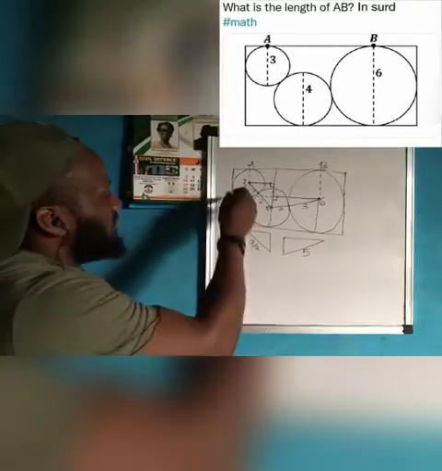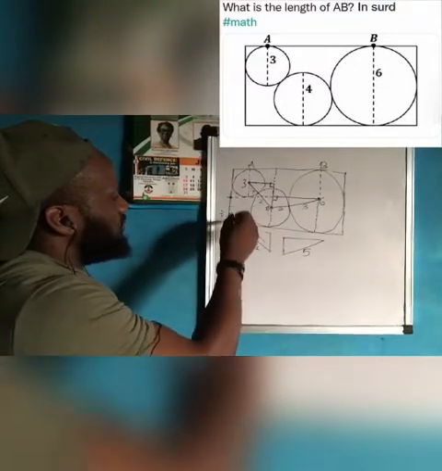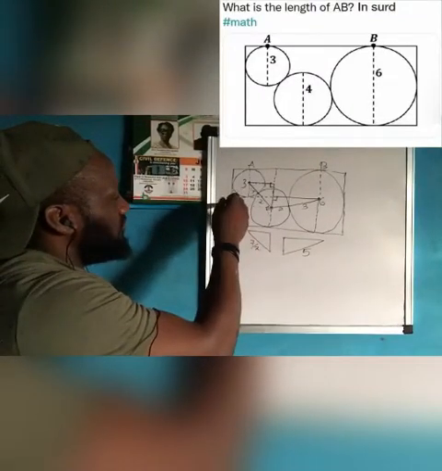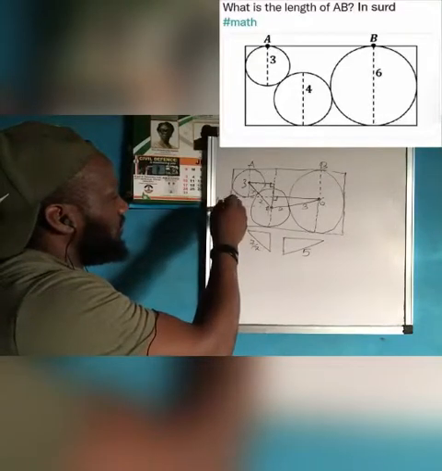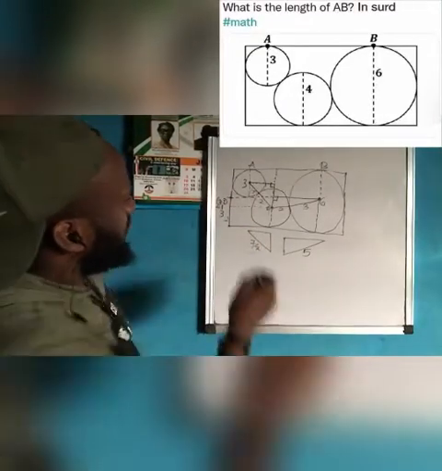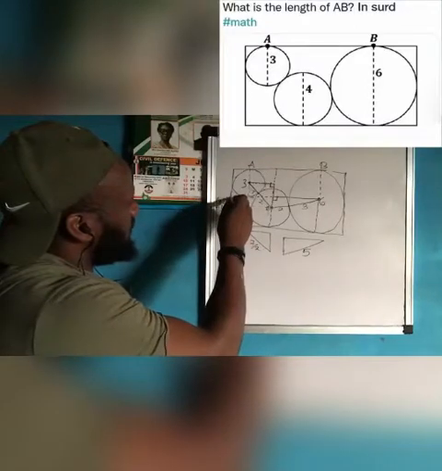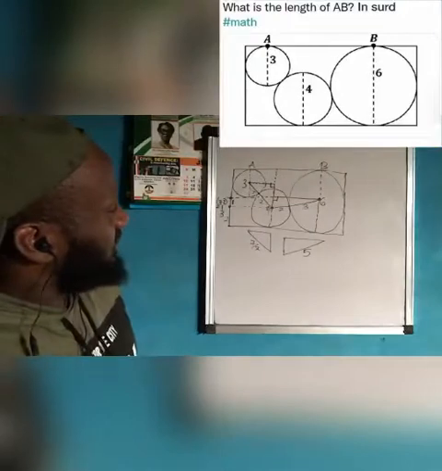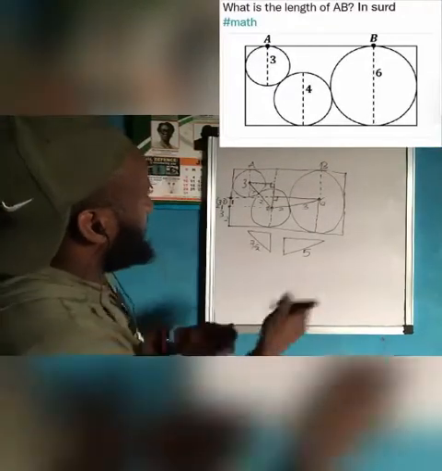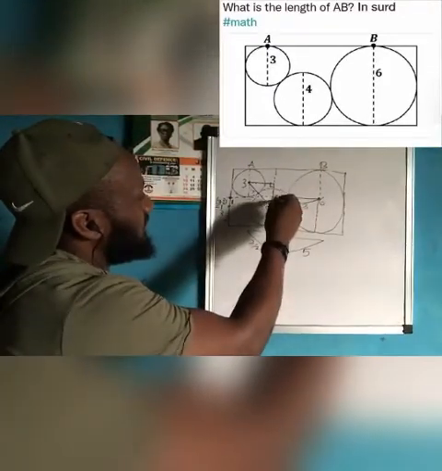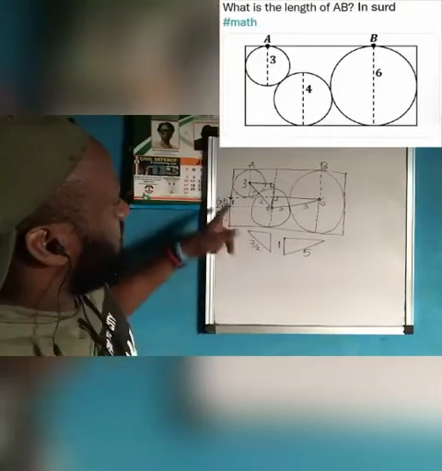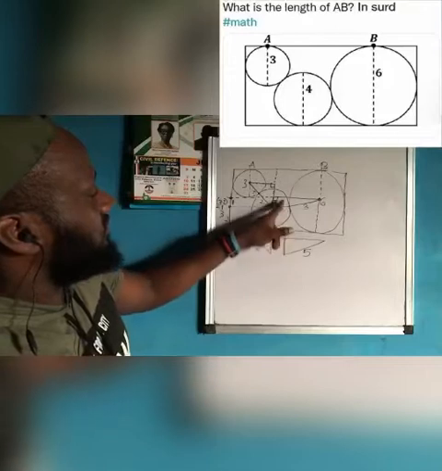So we have a distance 3 and a distance 2, meaning that here is going to be 3 minus 2, which is 1. So we have this small distance here to be 1. Then it means that this side is 1 for this triangle.